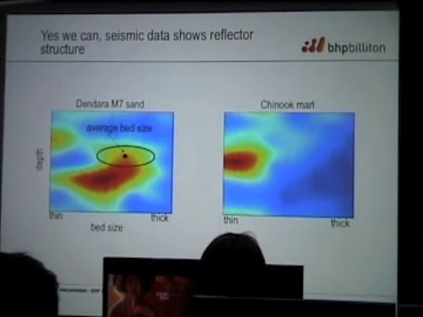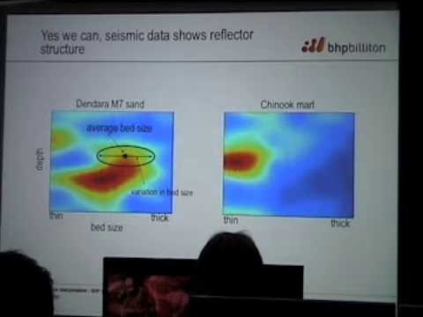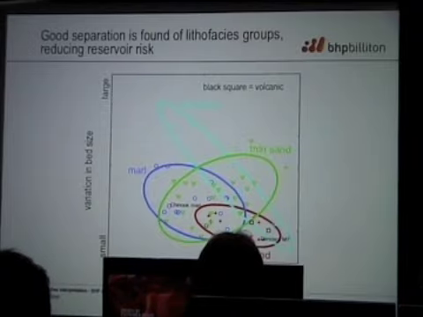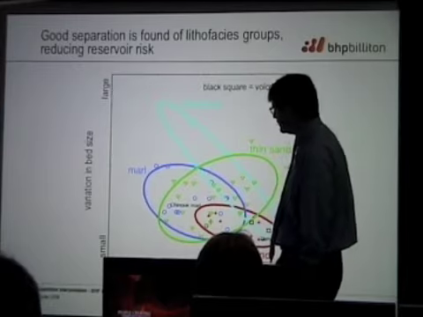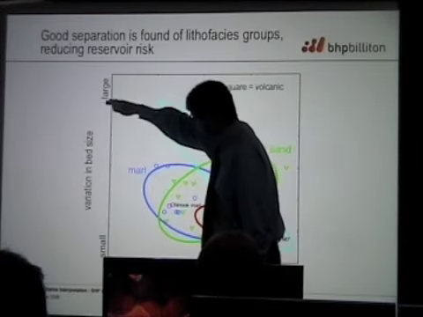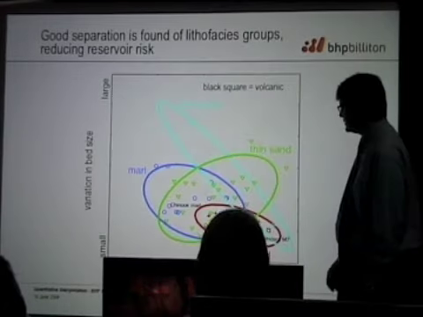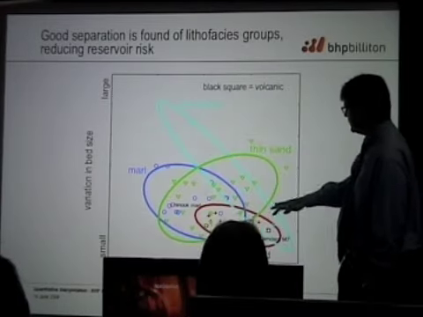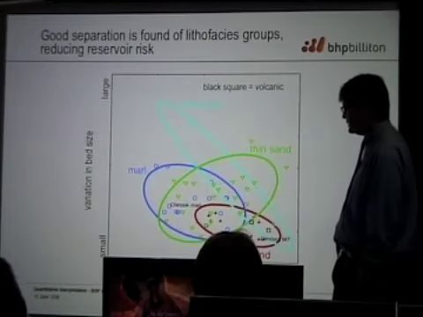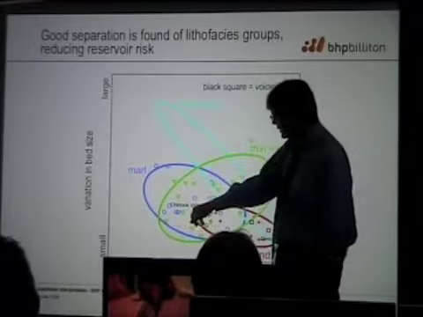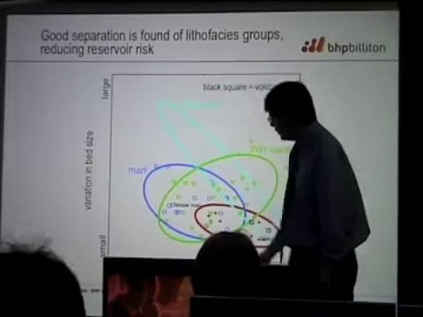And when we've taken a look at the average bed size and the range of bed sizes on this, looking again at a whole bunch of points taken from different well logs, of what the variation is in bed size versus the average bed size, we saw that different types of rocks tend to exist in different parts of this space. So if you see something like a particular Chinook marl, it's clearly in the marl one.